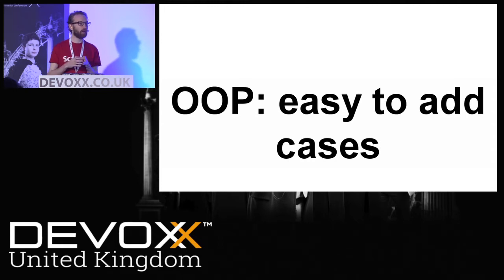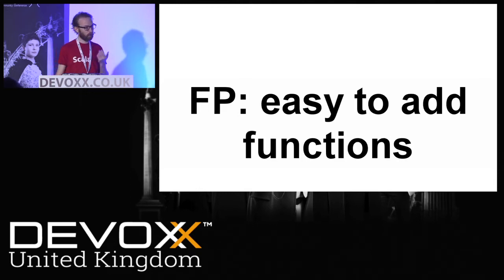So you can do that in isolation. You just drop in a new file, and that's okay. In FP, it's the contrary. If you want to add a new case, you're forced to go to every pattern match and add a new case. On the other hand, it's easier to add a function. You just create a new function, you pattern match, and that's all.